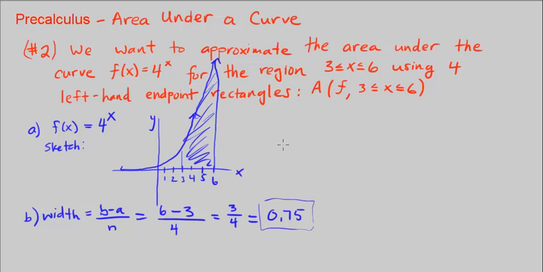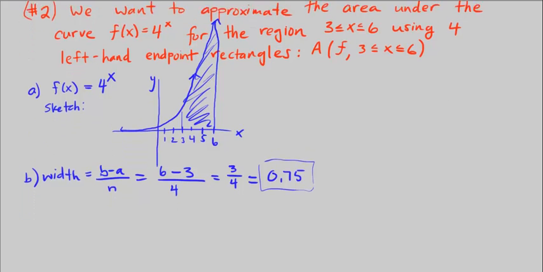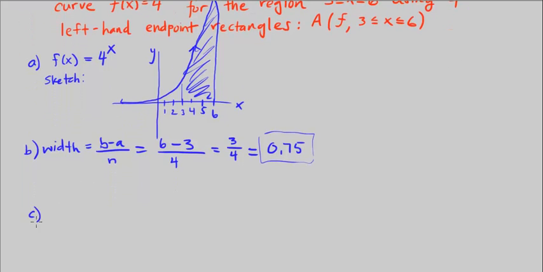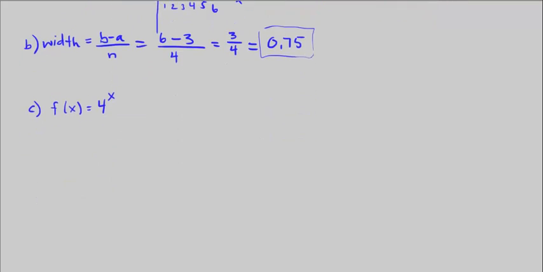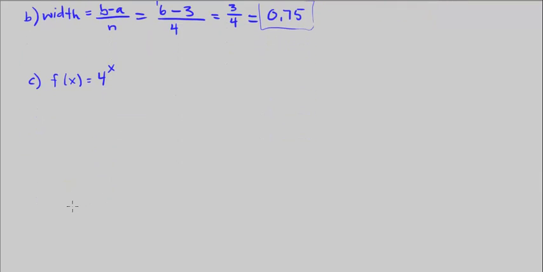Part C. Carefully draw the zoomed in sketch of the region we are looking at and label the coordinates where the rectangles touch the curve f of x. So for part C, our function is f of x is equal to 4 to the x, and we want to look at the region 3 to 6. So let's just say, well, this is 3 to 6.